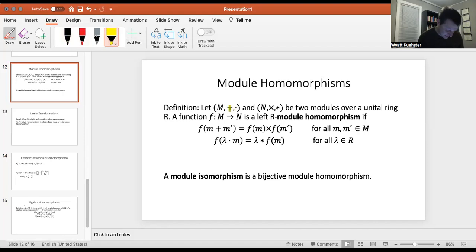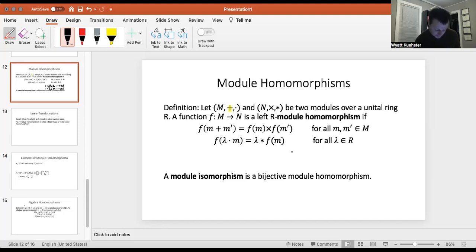So plus, we had a binary operation, just like in all the other algebraic structures, plus from M times M to M. And then we had this other operation of scalar multiplication that takes an element of R and an element of M and gives you an element of M. So there's this binary operation, and then there's this scalar multiplication.